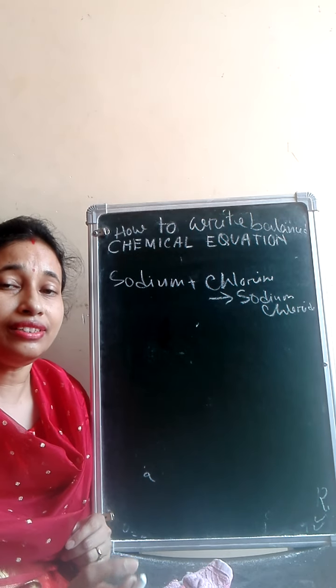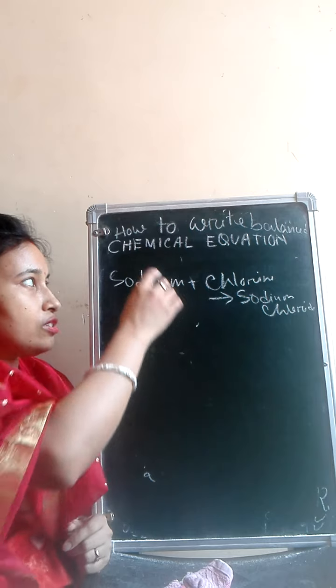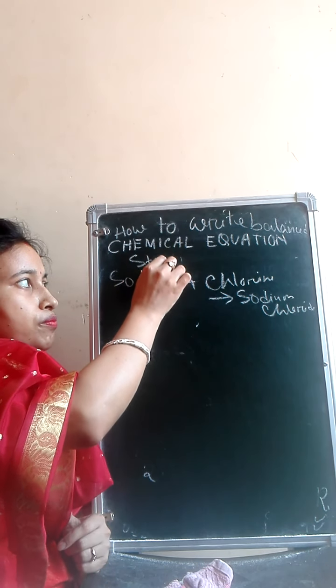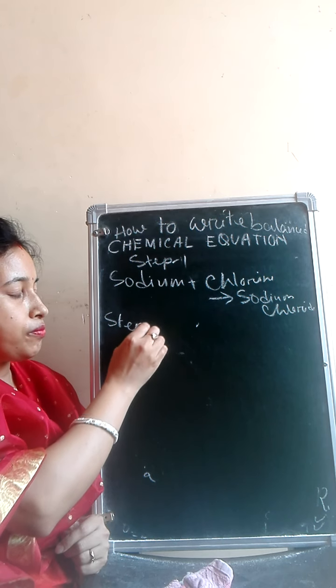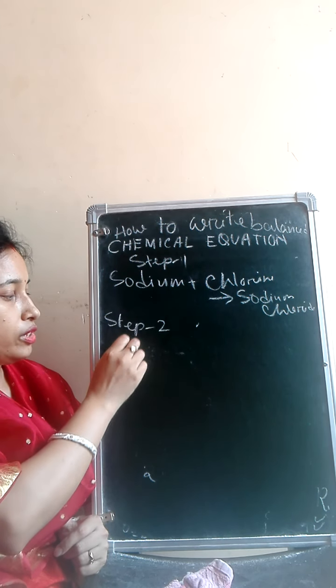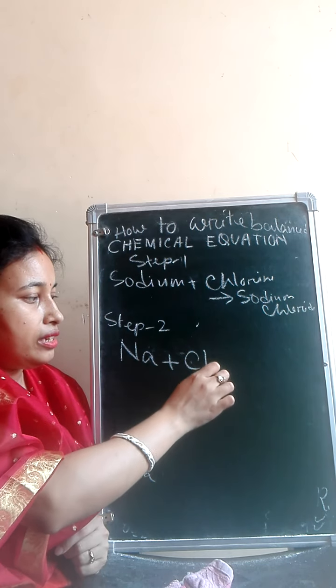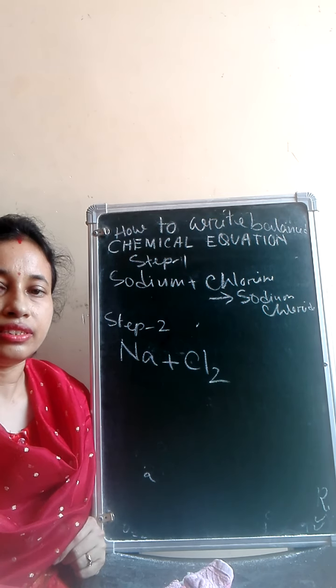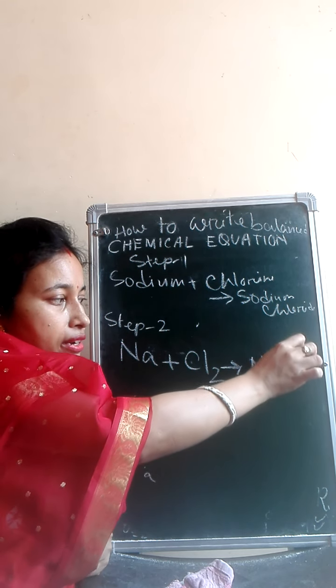So how do you write this? This is your first word equation, already written. This is your step 1. Step 2, you will write sodium in symbol Na plus chlorine Cl2. Chlorine is Cl2, it will give you sodium chloride, NaCl.